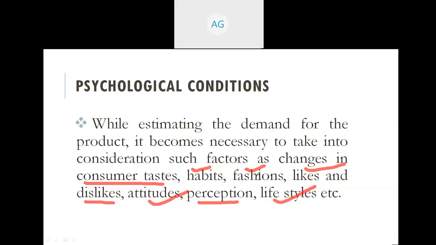So all these factors come under the psychological conditions. So these need to be taken into account while demand forecasting for the products or the items. So this is the seventh determinant of demand forecasting. Now moving to the next slide.